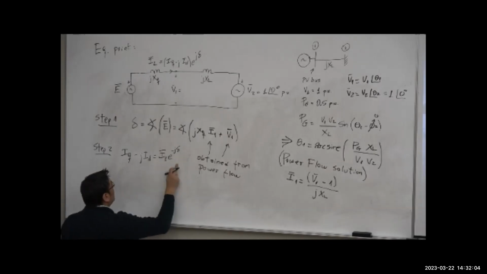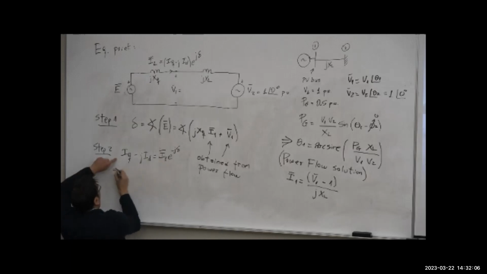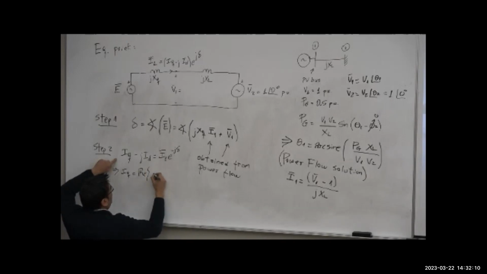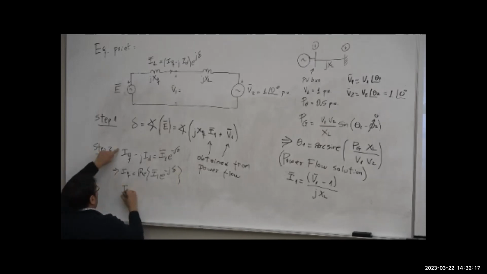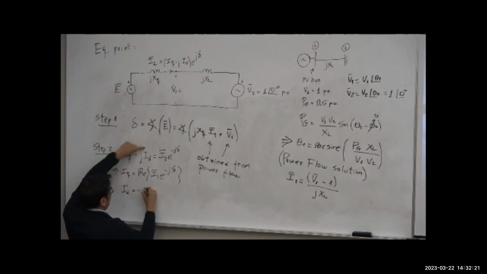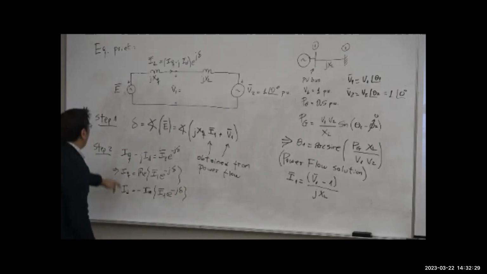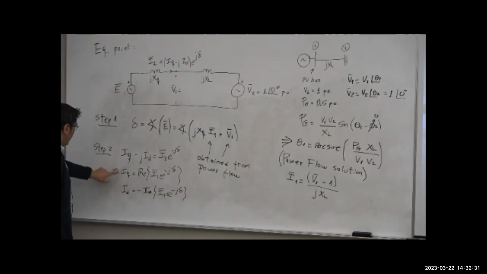To calculate IQ, all we have to do is to get the real part of I1 exponential of negative j delta. For ID, as you can see here, is negative. That's going to be negative the imaginary part of I1 exponential of negative j delta. So we have the angle, we have the currents IQ and ID.